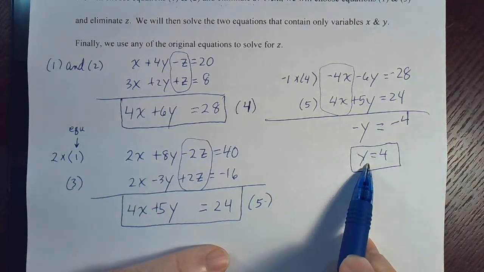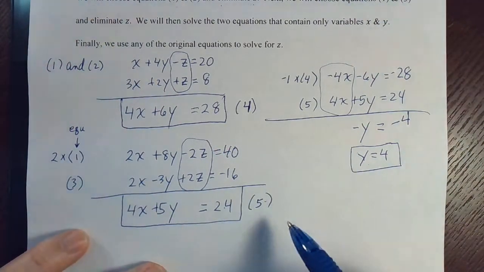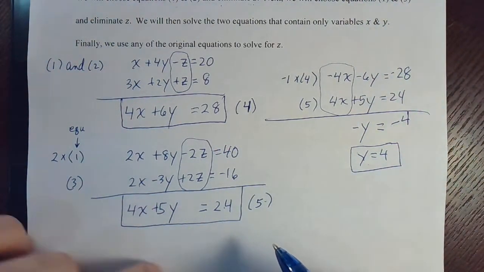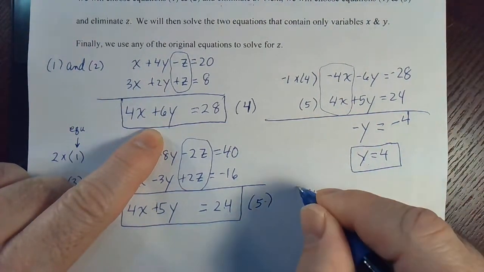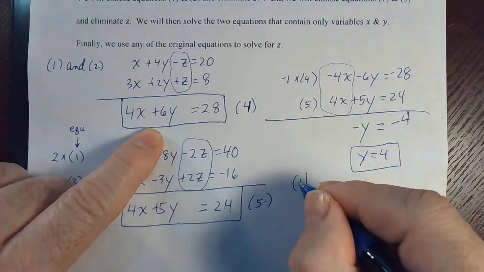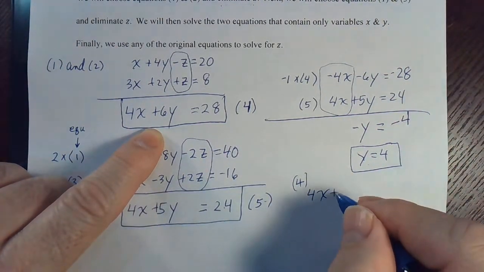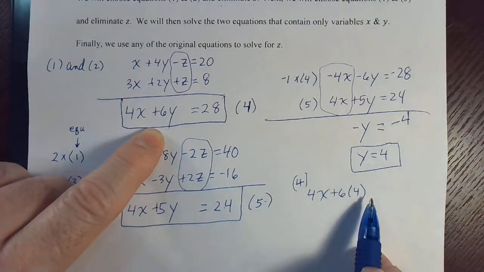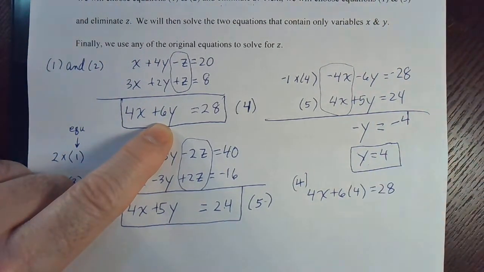Now let's plug in to either equation 4 or equation 5, any equation that just has x and y in it. Let's go up here to this one, 4x... equation 1. Equation 4, I mean. 4x plus 6 times y, which is 4, is equal to 28.